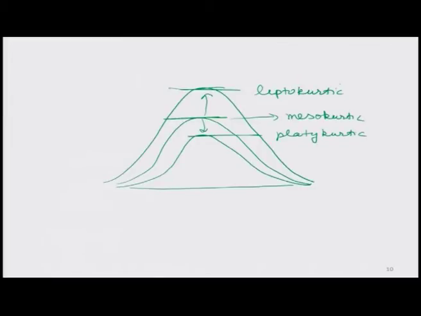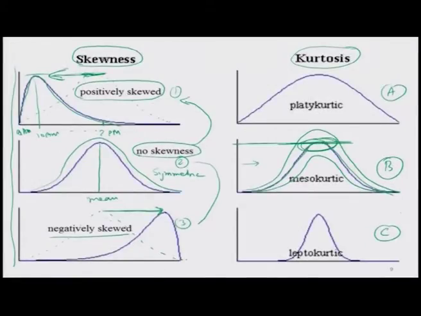Mesokurtic is nothing but the kurtosis of normal distribution, right. So, this is how we try to classify the distribution of the data with respect to hump.